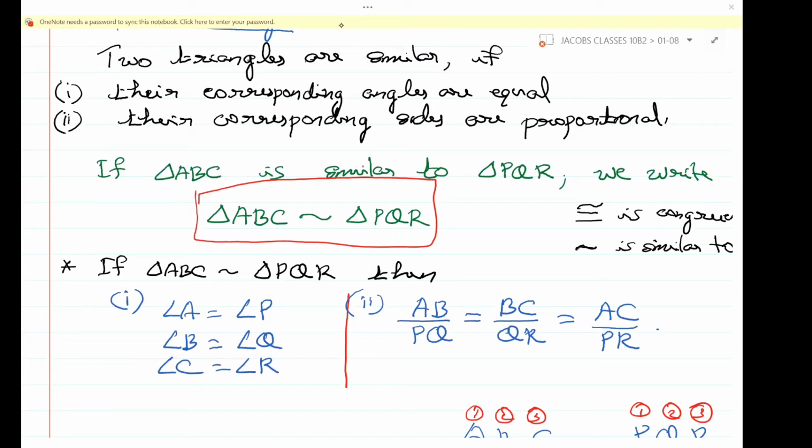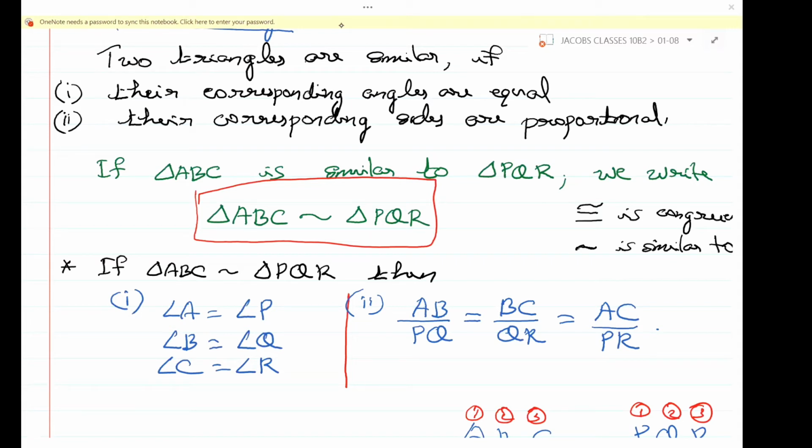Two polygons of the same number of sides are similar if their corresponding angles are dash. Equal. Their corresponding sides are dash. Proportional. Angles are equal, right? And the sides are proportional.